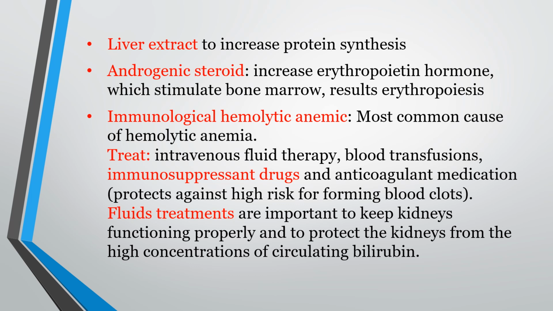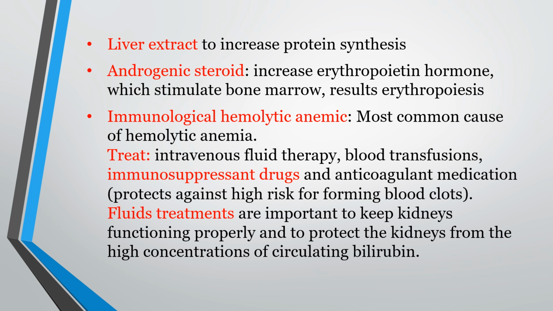The most common cause of hemolytic anemia is immunological hemolytic anemia. If there is hemolytic anemia, the most common cause is this. This immunological hemolytic anemia can be treated by intravenous fluid therapy, blood transfusion, and immunosuppression drugs. It is a must to suppress the immunity.